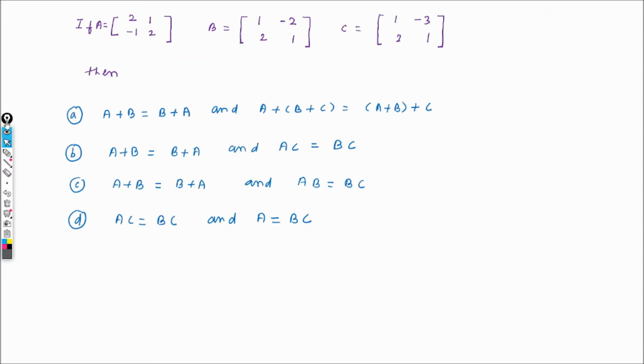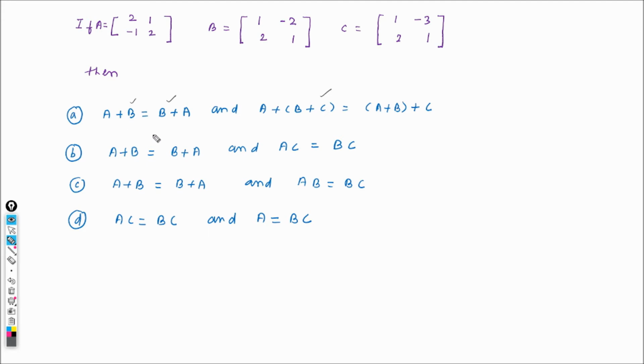Okay dear students, let us understand one more important question here. If A is a given 2 by 2 matrix, and B and C are also 2 by 2 matrices, we have to see which option is true here. Dear students, we know that addition of two matrices is commutative and associative.